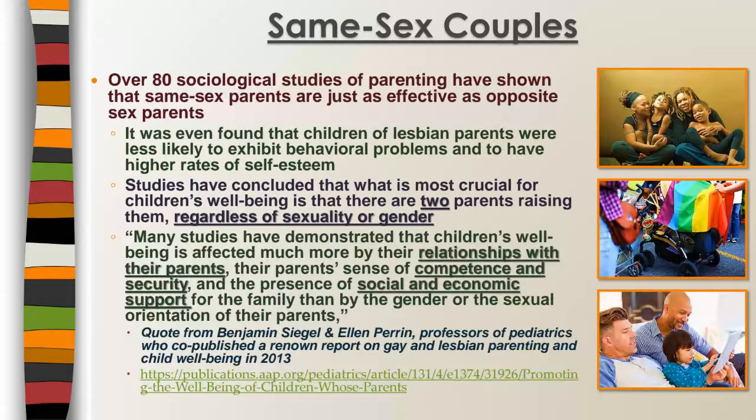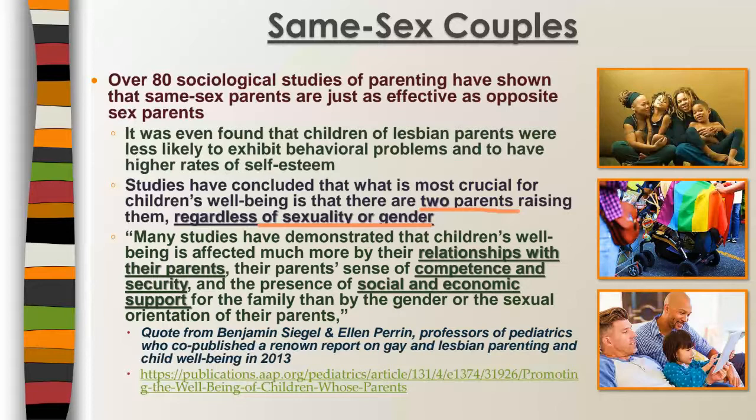Studies have concluded that what's really the most crucial thing for parenting is that there are two parents raising a child. It doesn't really matter what the sexuality or gender is of those two parents.